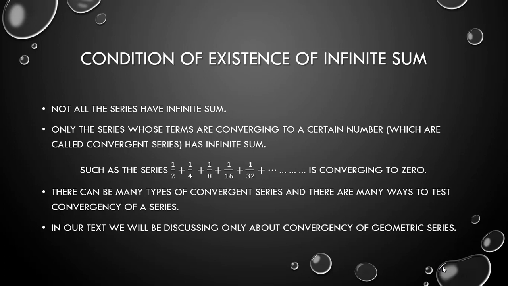Infinite sum means the sum of all the numbers of a series up to infinity. So when can we say that a series has an infinite sum? If the series is convergent to a number. When can we say that a series is convergent? If the terms are approaching a number. Okay, I think you can understand this.